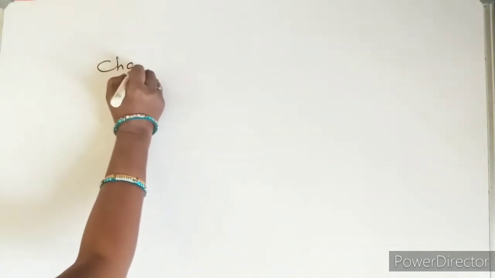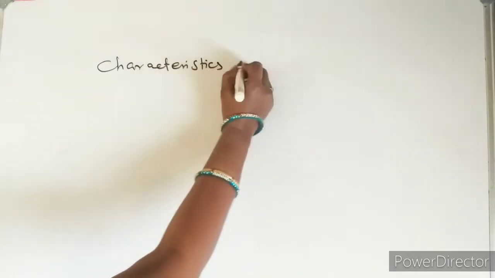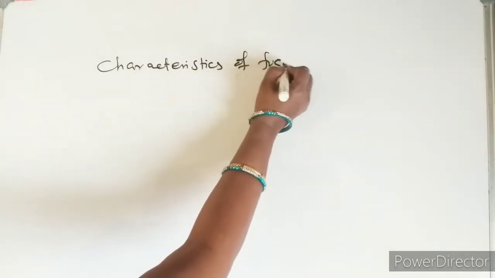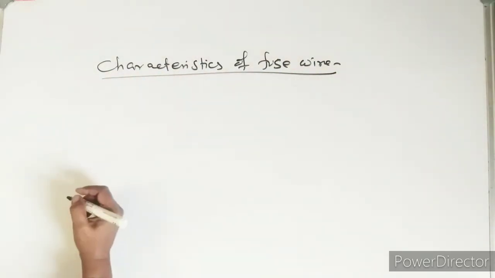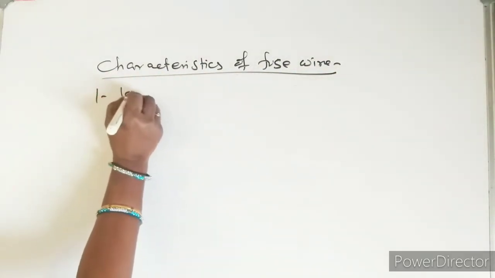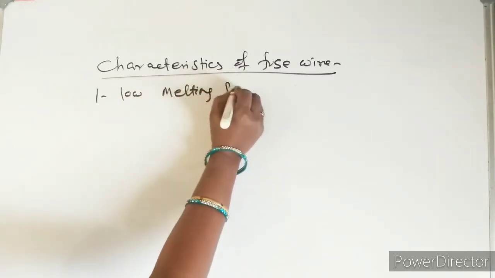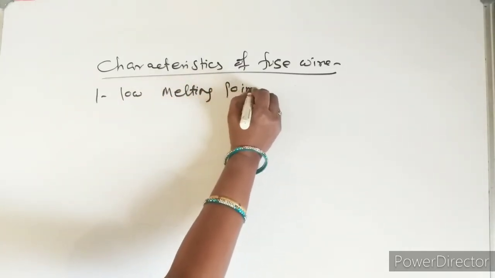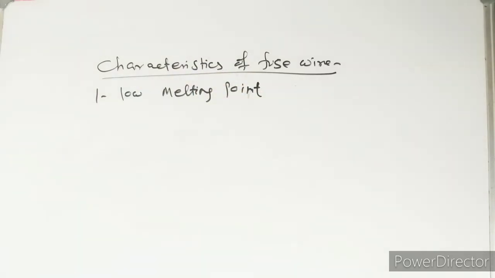If we are considering the material, what should be the characteristics of the fuse wire? It should be of low melting point.